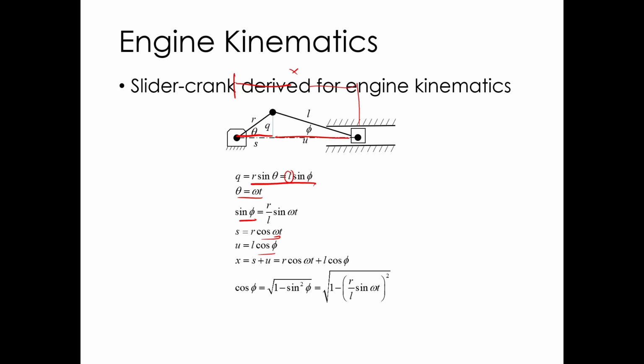Okay, cosine phi. I need to get rid of this in terms of the sine. So what I'm going to do is use that cosine squared plus sine squared is equal to 1. I'm going to rearrange that for just cosine, so it's the square root of 1 minus sine squared phi. And I'm going to take that and sub it in right there.